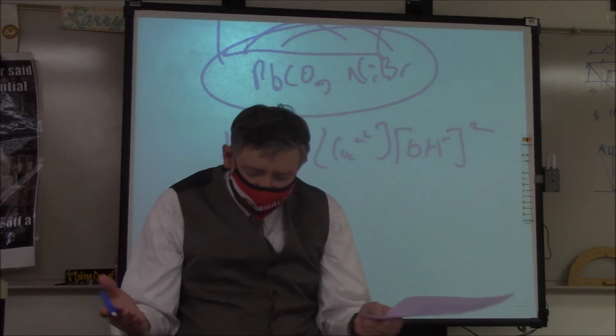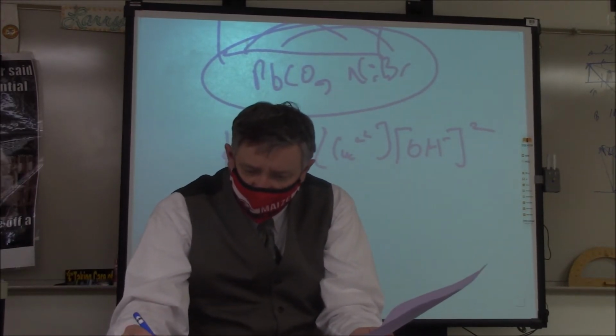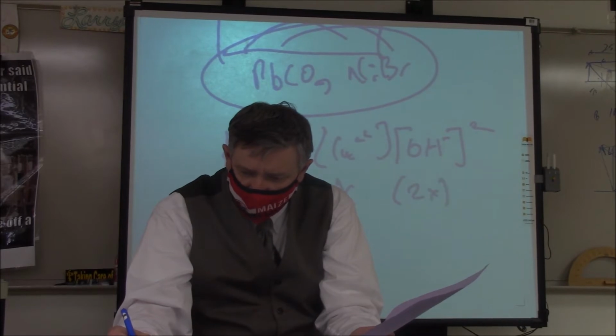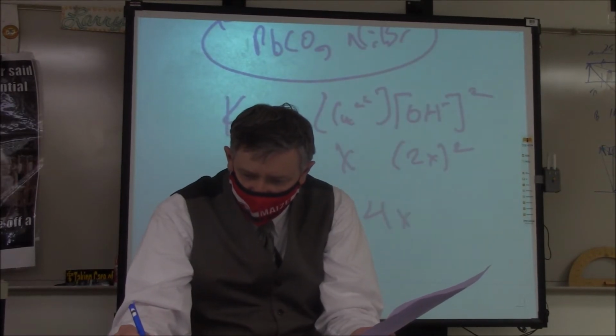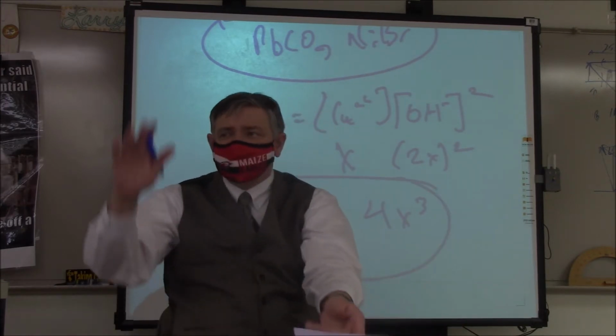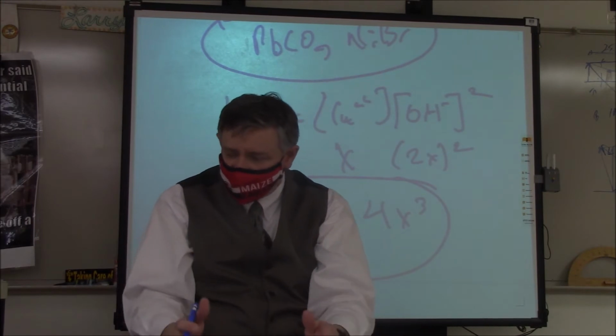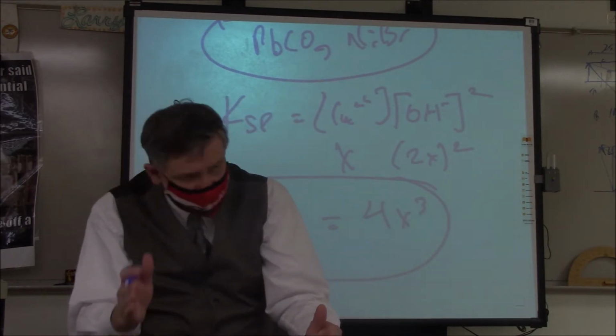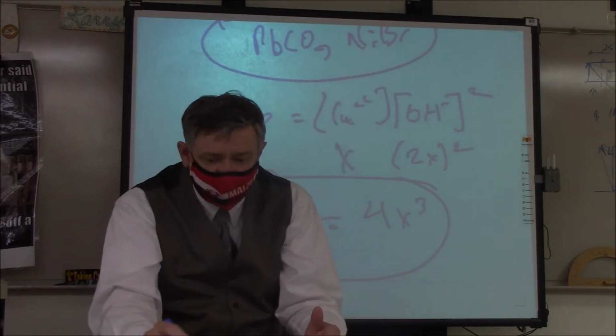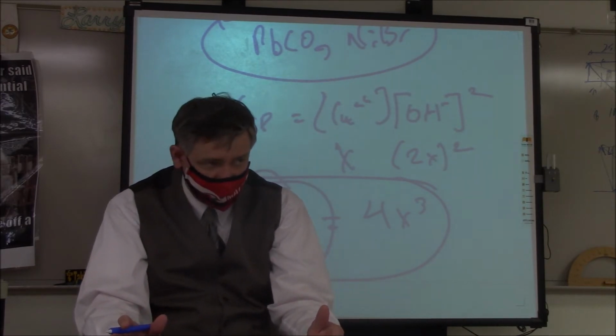Okay? So this is going to become x, this is going to become 2x, but that's going to become squared, so you get 4x cubed equals your KSP, right? So this is what Mother Nature wants, okay? Mother Nature wants, mathematically, this combination to produce that KSP value, okay?